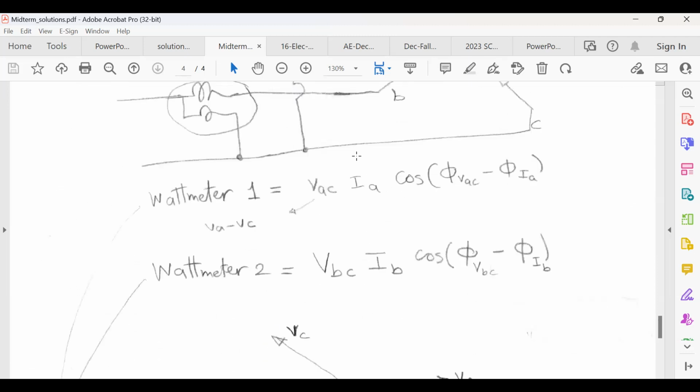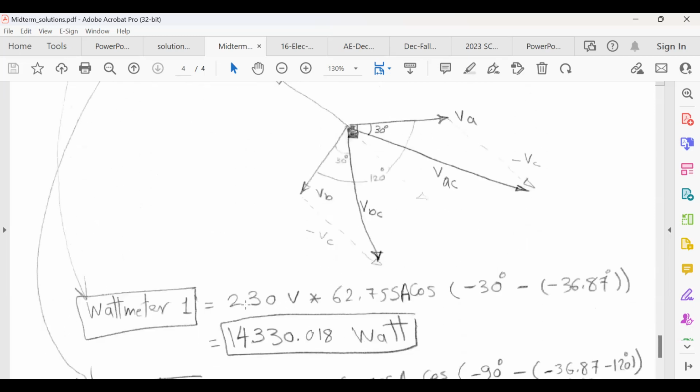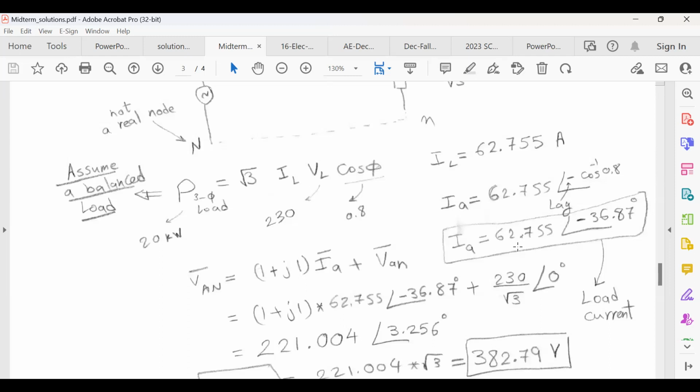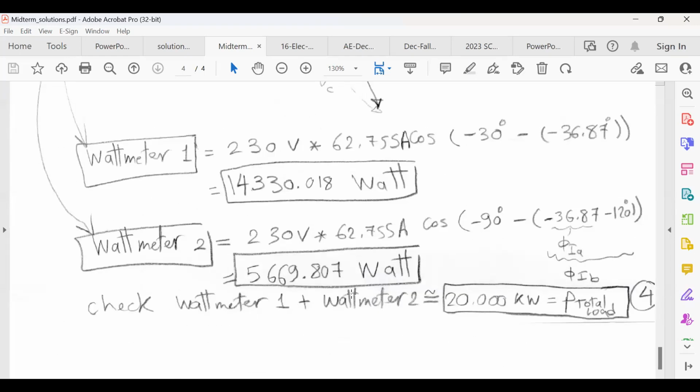The voltage here is 230 volt, the one from the load, and the current that we calculated for the load, this current, 62. And then you take the cosine of the angle. At the end, if you add both of them, they should be approximately equal to the 20 K.